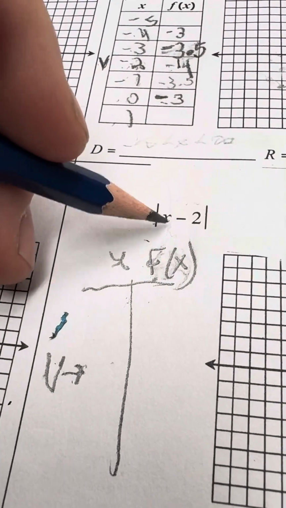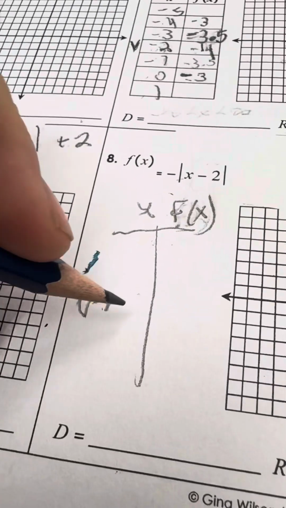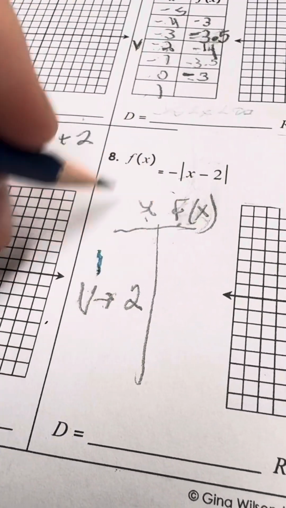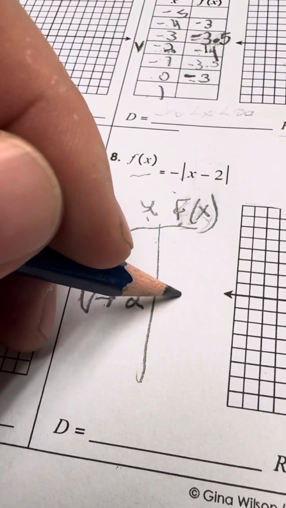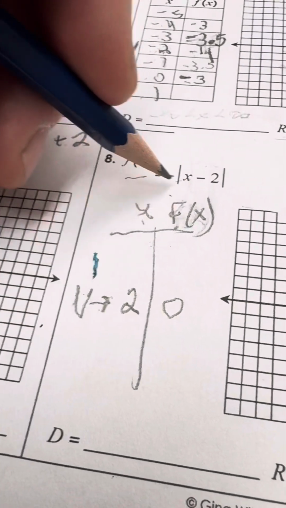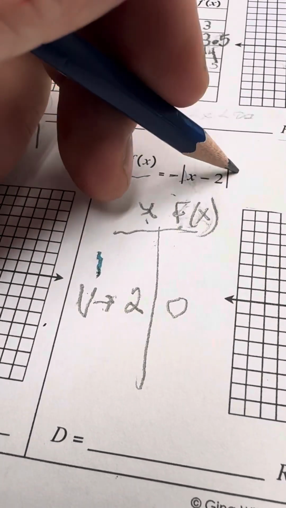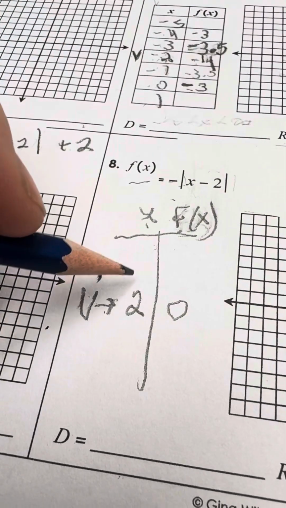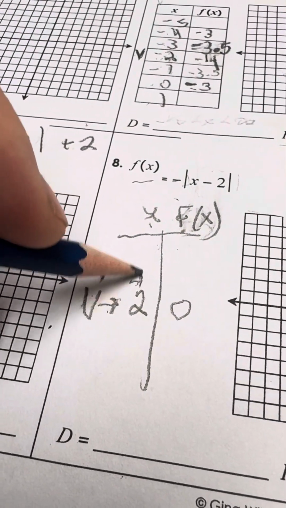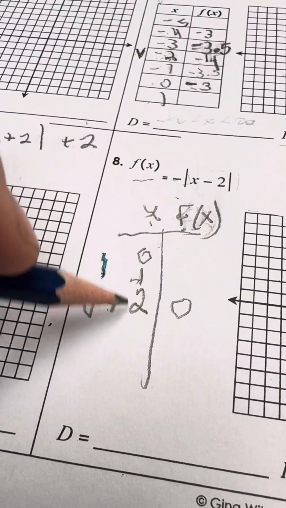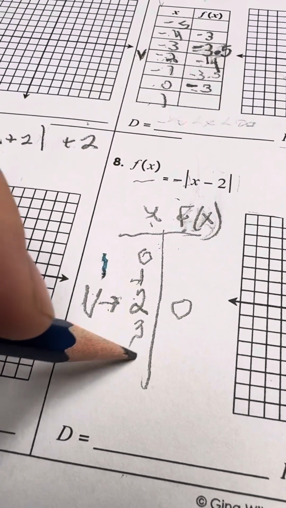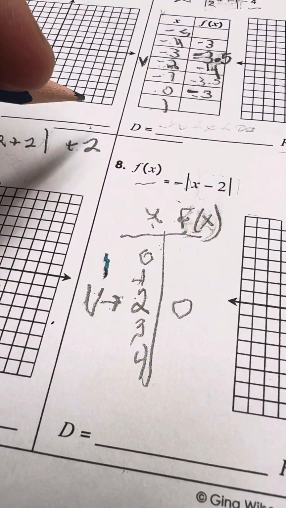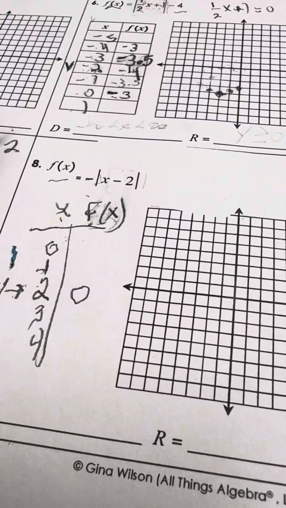So if x is 2, then the f(x), the answer, is 0. Well, negative absolute value of 0. That's just 0. Okay. Then I can subtract 1. So it's 1, 0. And I can add 1, 3, 4. And now I can put those in and get my v.